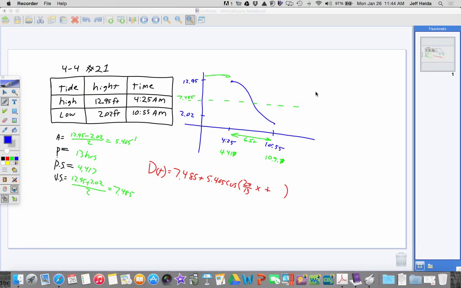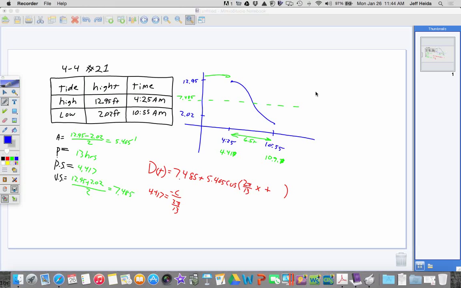And then how do we get c? 4.417 equals negative c over 2 pi over 13. The equation would be 4.417 is equal to negative c over 2 pi over 13. And what do you get for c if you do that?